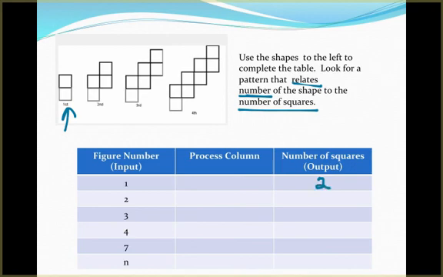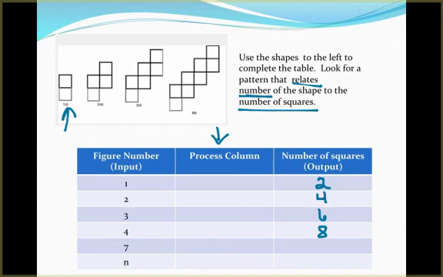If I go to my second one, I notice there's 4 squares. My third one, there's 6. And my fourth one, there's 8. Now I'm going to go ahead and try to come up with some process that will allow me to look at the figure number and come up with the number of squares.